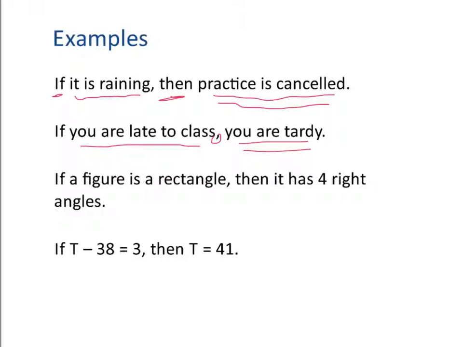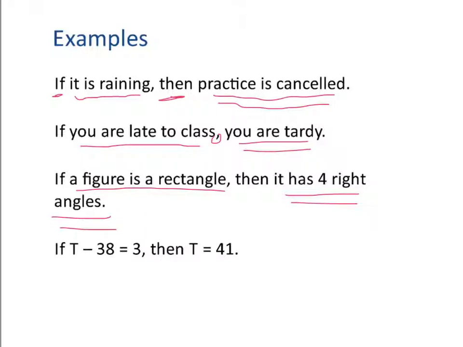The third statement is if a figure is a rectangle, then it has 4 right angles. The if part, a figure is a rectangle. The then part, it has 4 right angles. So again, many geometry definitions can be written in if-then statements.